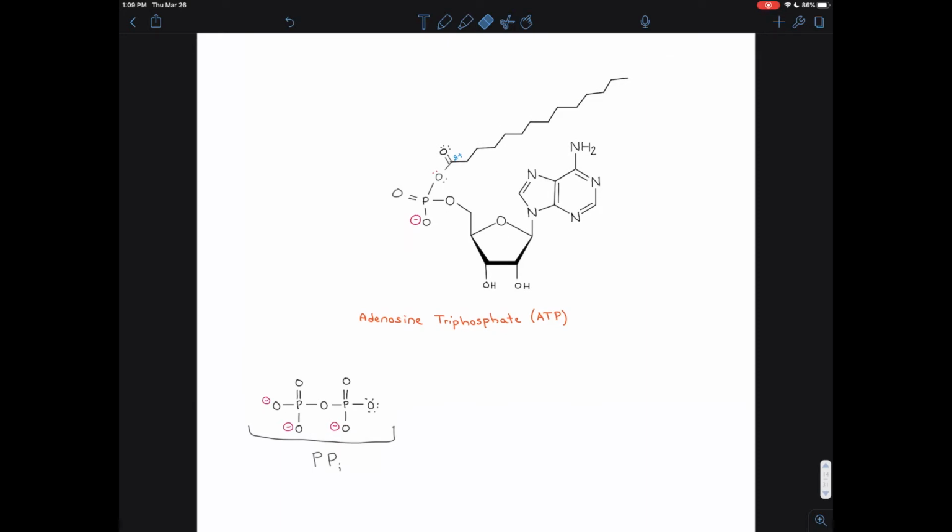Okay, so this is what we're left with. This is no longer adenosine triphosphate because the diphosphate has left and a fatty acid has come in. This is something called an acyl adenosyl phosphate. So we'll anchor ourselves by the phosphate, right?